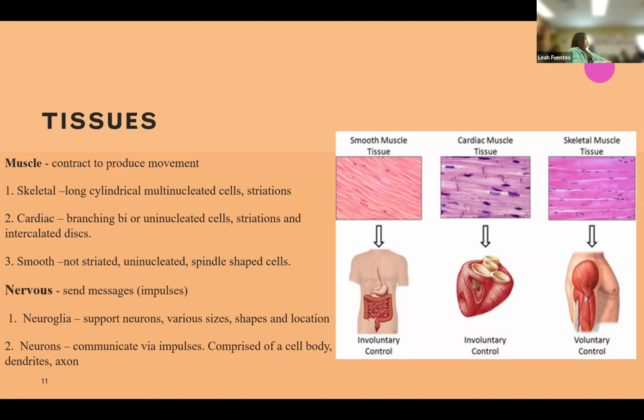Cardiac muscle tissue is only found in one place. Where do we think that is? Heart, exactly. So if they give you this question and say name where it's found and you put anything other than the heart, that would be wrong. Cardiac muscle tissue has a distinguishing feature that only cardiac muscle tissue has, and those are these intercalated discs here.